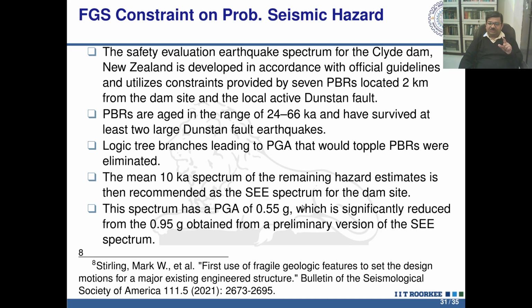This is much reduced, almost by a factor of 2, compared to the value of 0.95 based on just blind application of PSHA for the evaluation of the safety evaluation earthquake. So that's a cautionary note, not to be carried away by these triple integrals and lose sight of the physics of the problem.